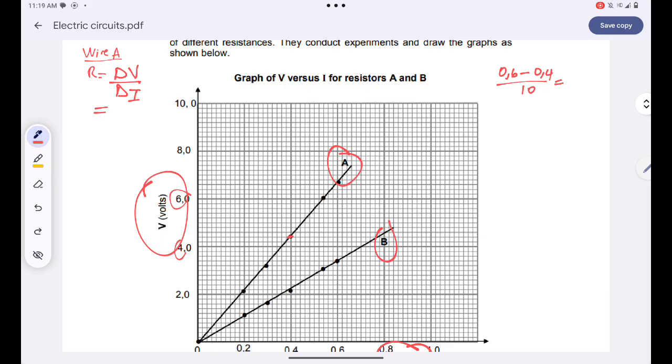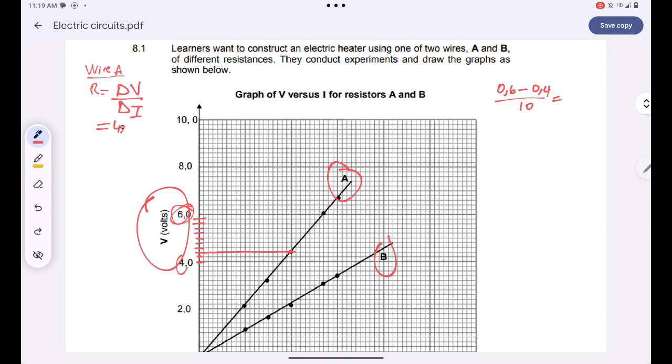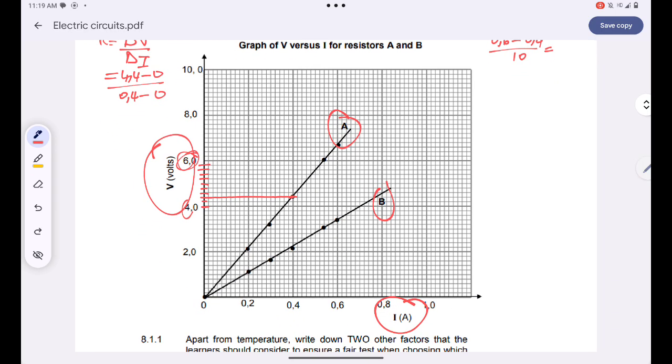Since I have 4 over there, the next lines will be 4.2, 4.4, 4.6, 4.8, 5, 5.2, 5.4, 5.6, 5.8, and then 6. So for me to find the gradient, I simply have 4.4 minus 0 all over 0.4 minus 0. I'm taking 2 points.